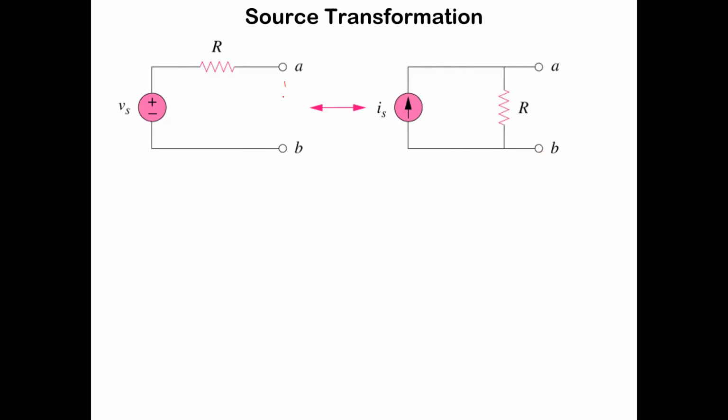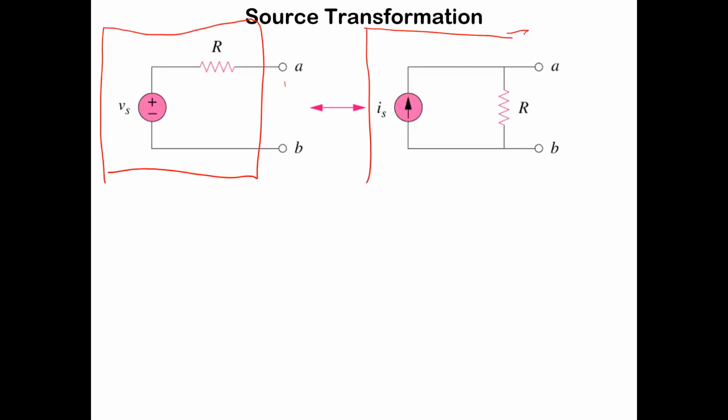You can find a way to make these equivalent so that at the terminals A, B, they look the same. What I mean by that is if you put a box around these two different circuits, and all you're doing is connecting something at A, B to it, like a load, you can define the values of these sources and resistor values such that the load is going to experience the exact same current.